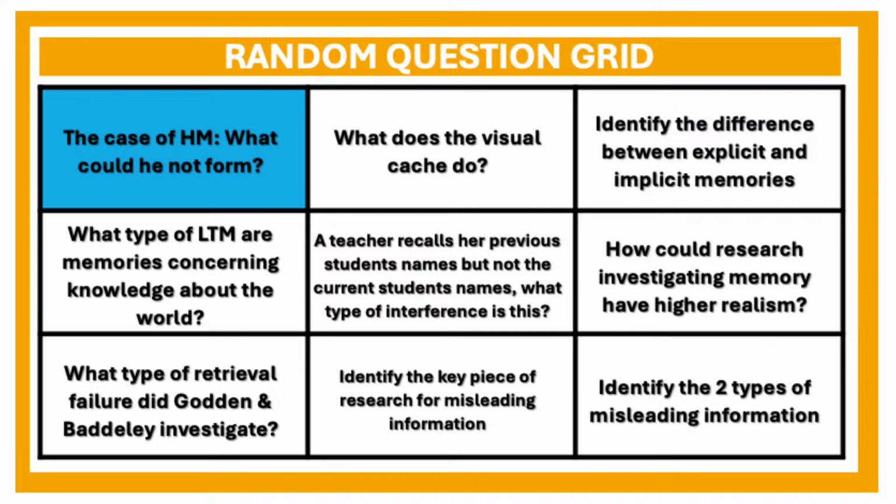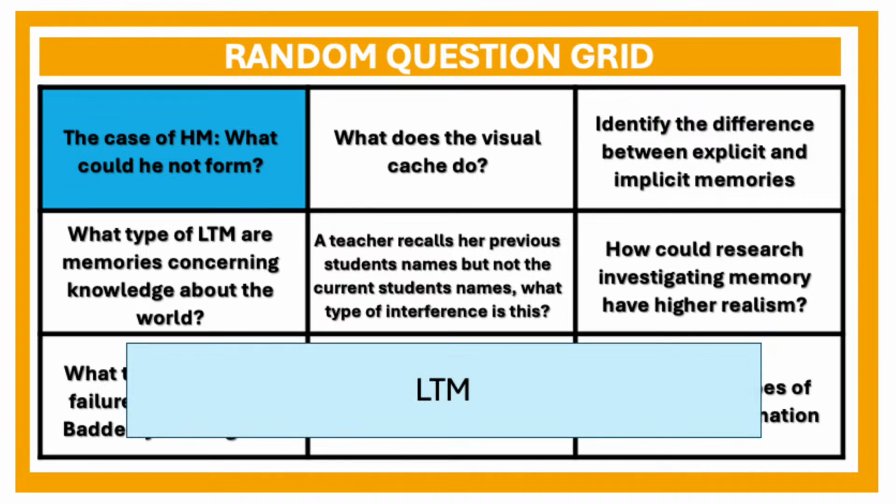What have we got? Can we remember the case of HM? Okay, so we've got most of you, I think, are saying long-term memories. Yeah, long-term memories. Just a couple of you at the start there that were saying short-term. So let's reveal the answer here, just to remind you in case you've got that a little bit muddled.